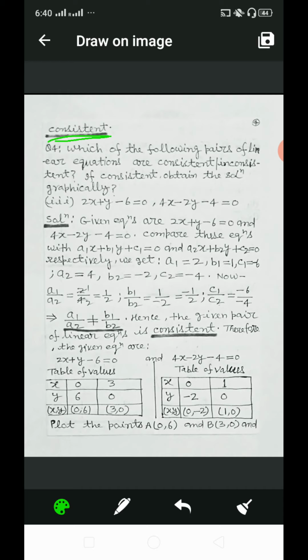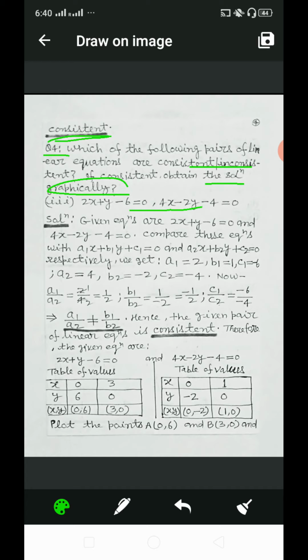Question number 4. Which of the following pairs of linear equations are consistent or inconsistent? If consistent, obtain the solution graphically. Third part, 2x plus y minus 6 is equal to 0 and 4x minus 2y minus 4 equal to 0.